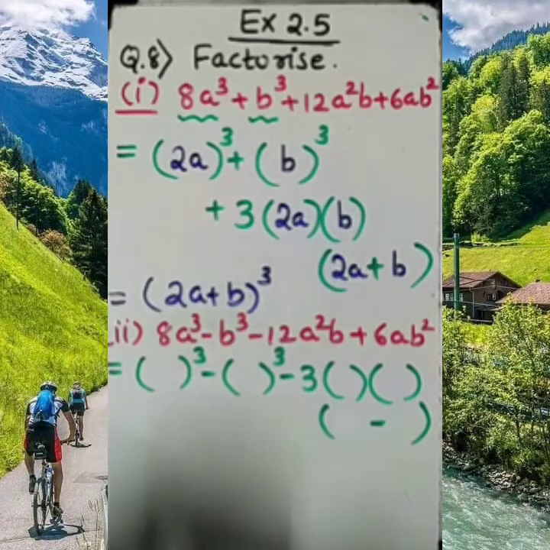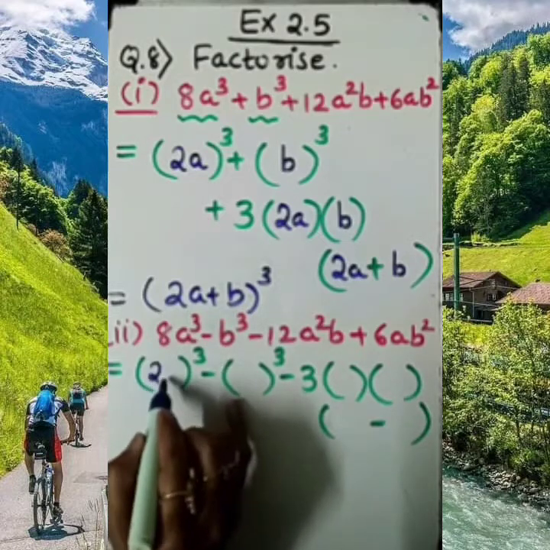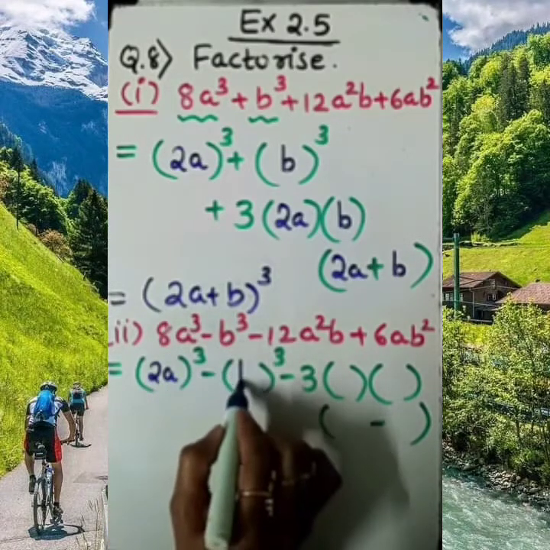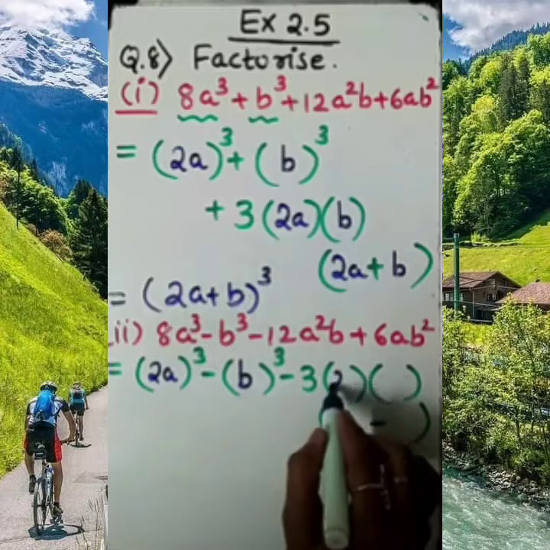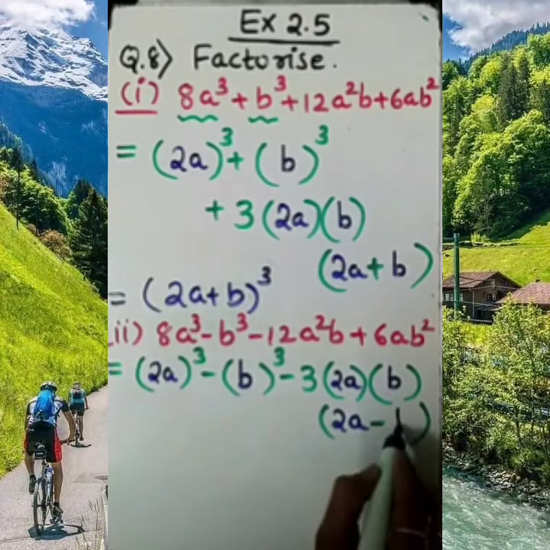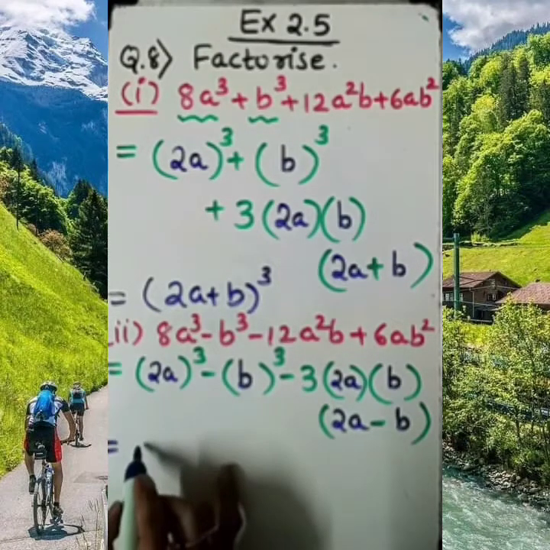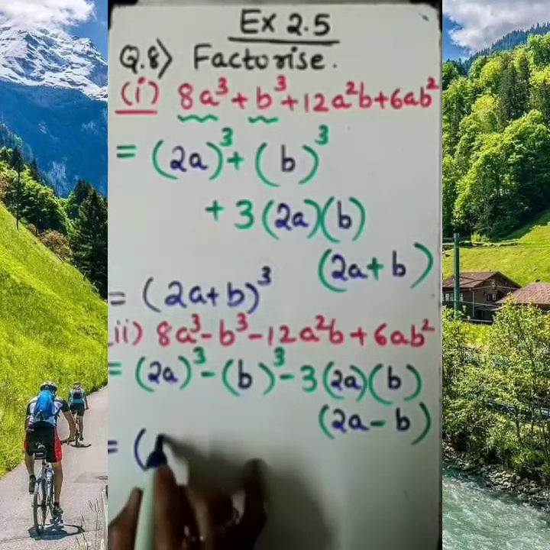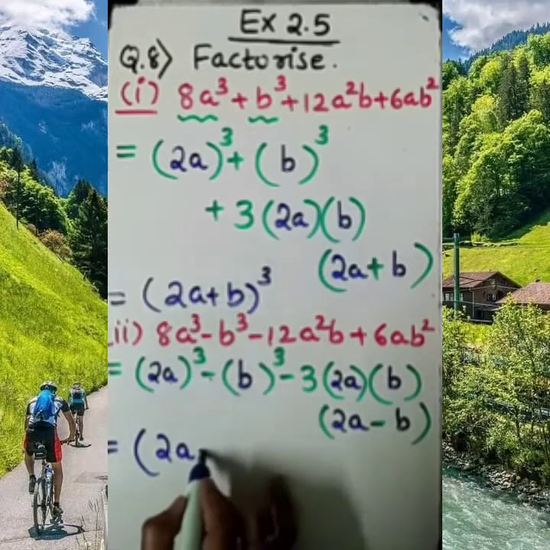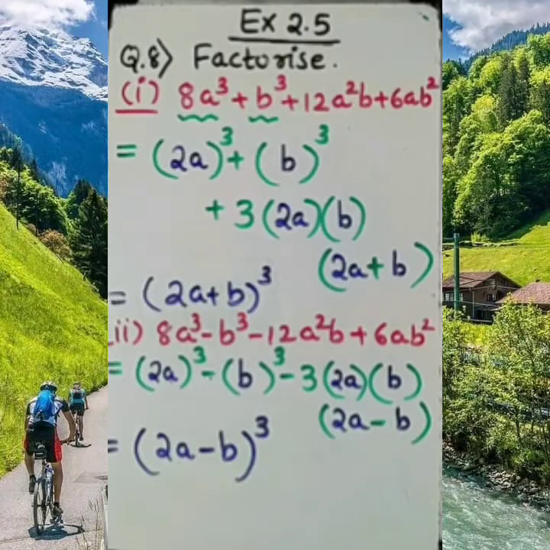Now let's put its values. As we know that the first term is a cube of 2a, second term is a cube of b. So this is 2a, this is b. Simple. So dear student, no need to go with the calculation part. Simply think about 2a minus b whole cube. This is the solution of the second.